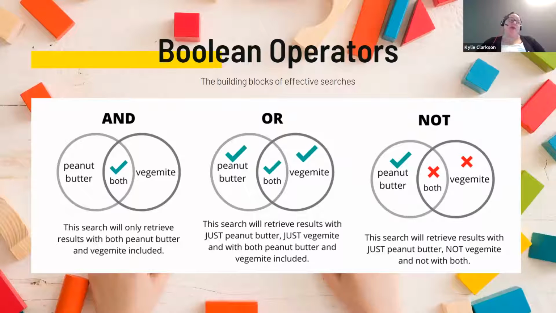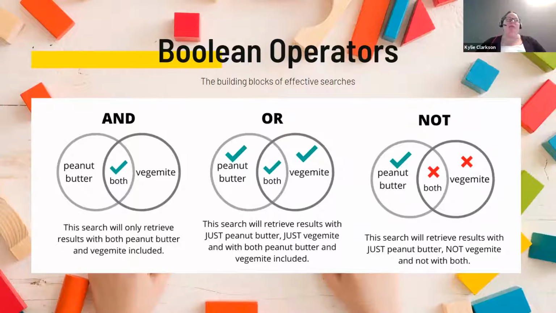And then we have not. Now, not is to be used very carefully because you might want literature about peanut butter, but you're getting so much stuff that is specifically about Vegemite as well. So you might look for peanut butter not Vegemite, okay? And it's going to weed out all of those ones that have Vegemite in them. But the thing is, it's also going to weed out those ones that have both of them in it, okay?